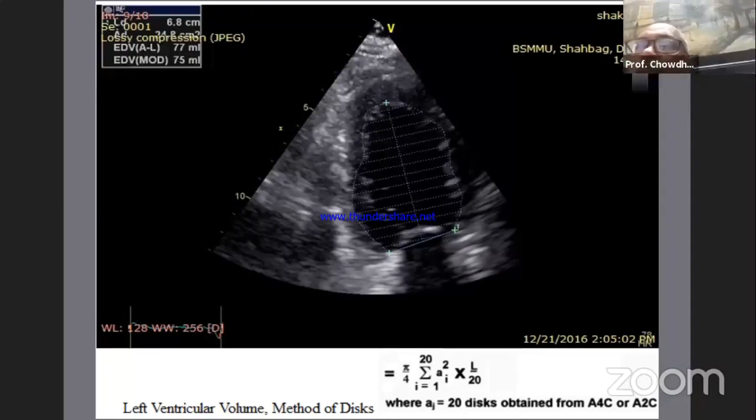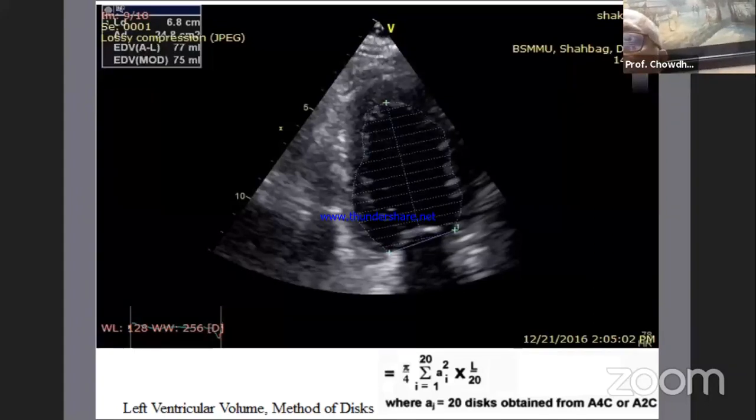The principle of Simpson method uses the disc method. Here we can see that there are many horizontal lines and one longitudinal line.